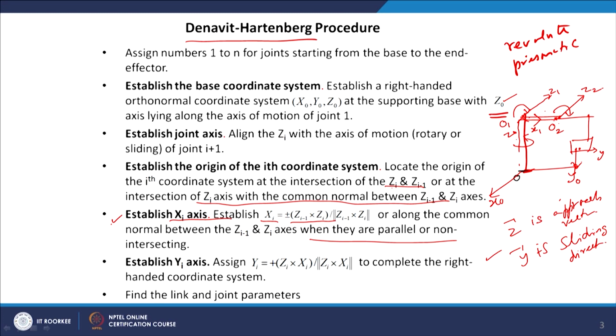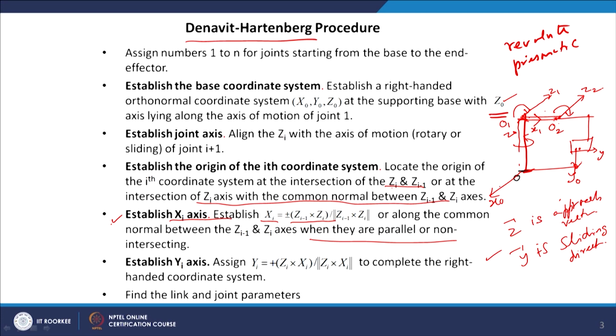So, we can select any one of the direction, but it is a convention that we select the direction which is pointing towards the end effector of the manipulator. So, we call x1 axis to be this line.